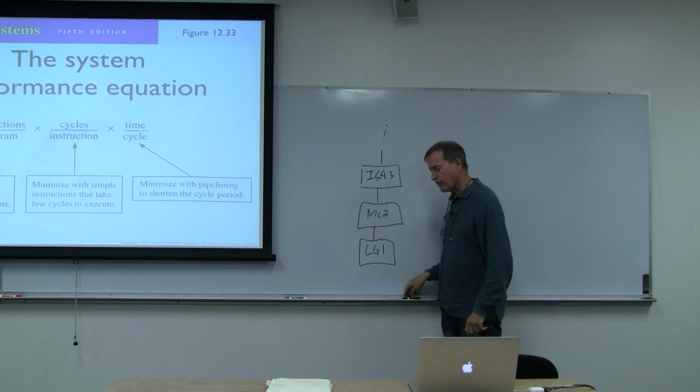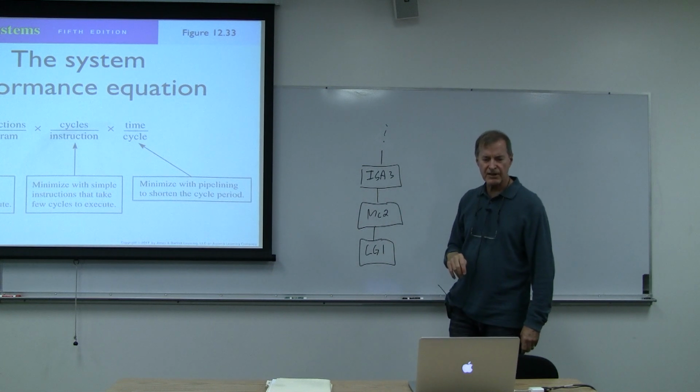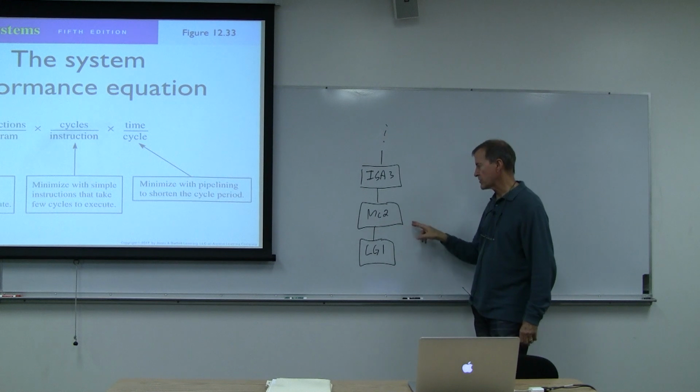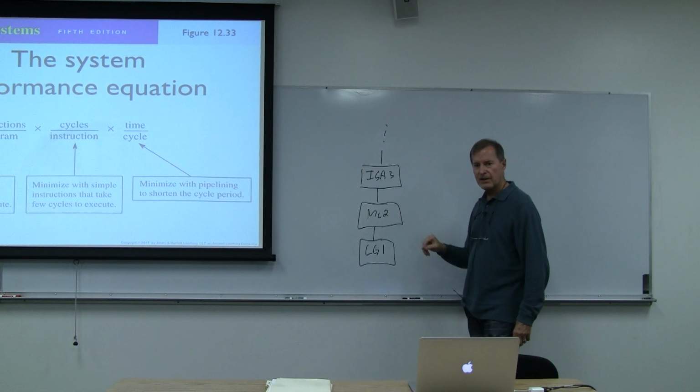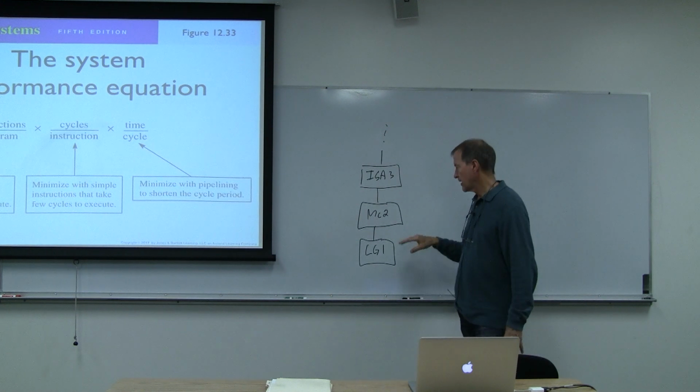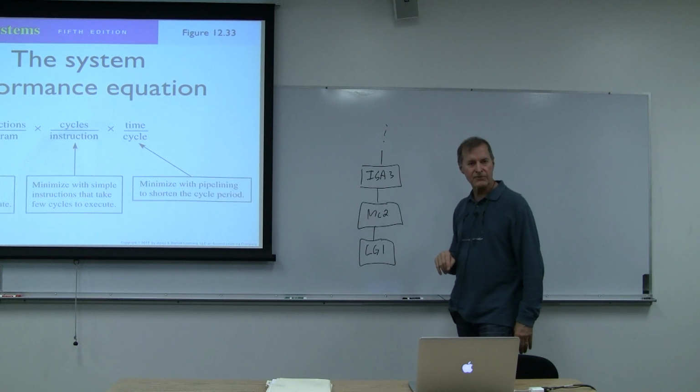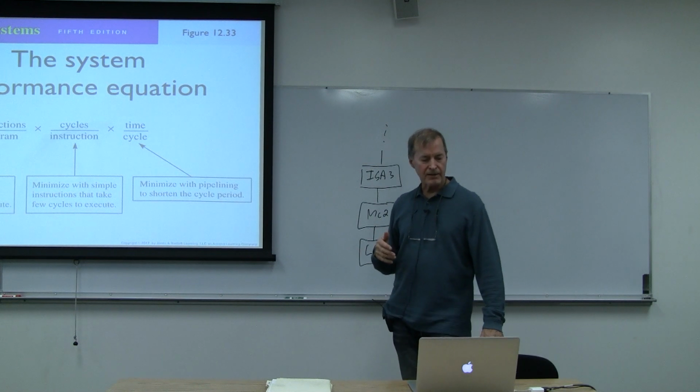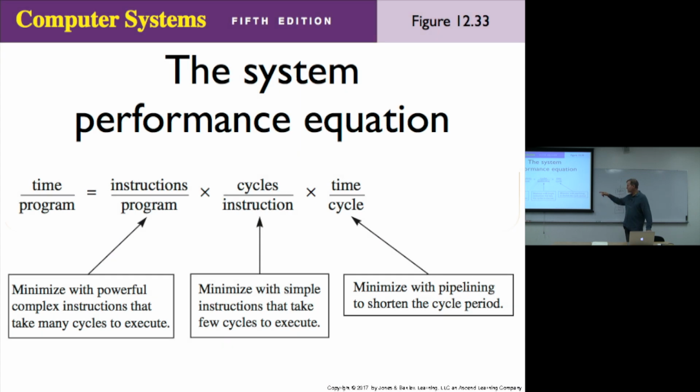And from very early in the history of electronic computers, this microcode level, Maurice Wilkes was actually the pioneer who did this. It emerged very early in the history of computers, and that's where we get this cycles per instruction, because it takes more than one cycle to implement one instruction. So the fact that we have cycles per instruction is due to the presence of this level, this MIC2 level.